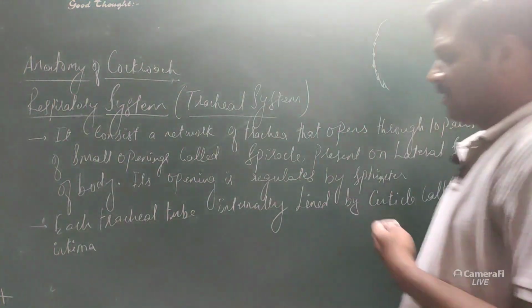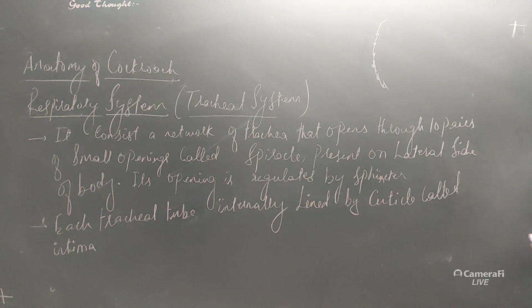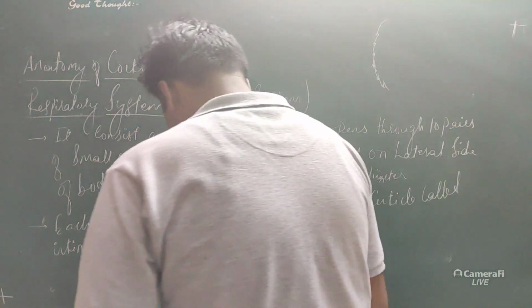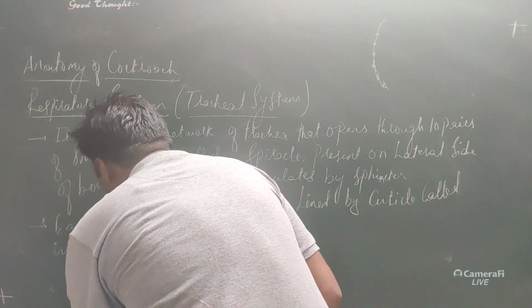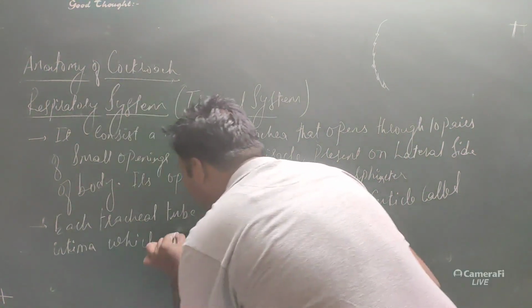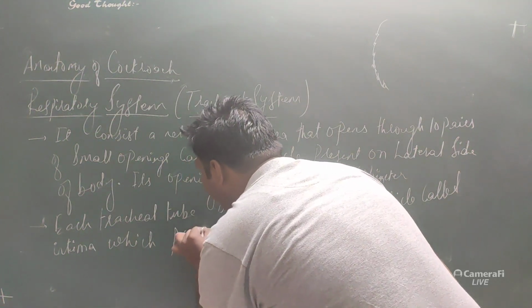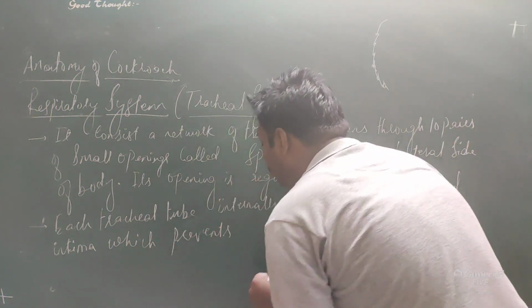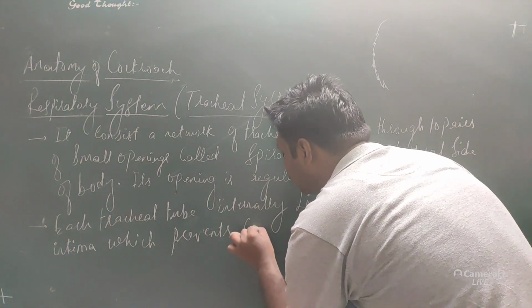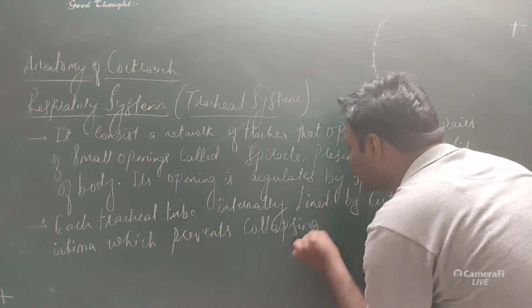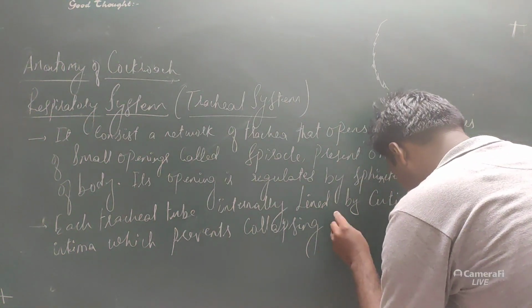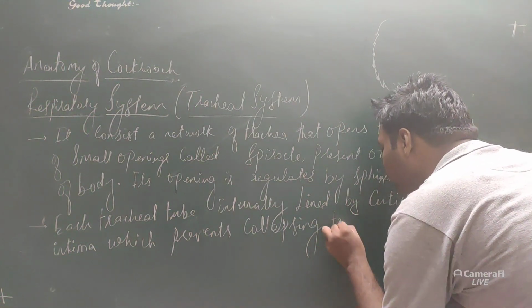So internally each tracheal tube is lined by cuticle, which is called the intima, which prevents collapsing of the tracheal tubes.